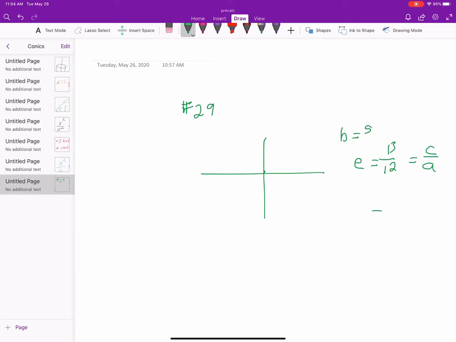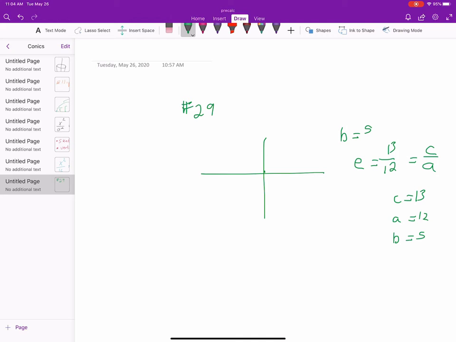So I guess that means that I have C is equal to 13. I don't know why I put an equals there. Get rid of that guy. And A is 12. All right, and I already know that B is 5. So I got everything. Centered at 0, 0. Let's go. So I'm ready to write an equation.